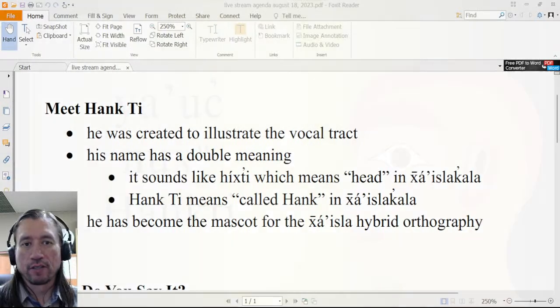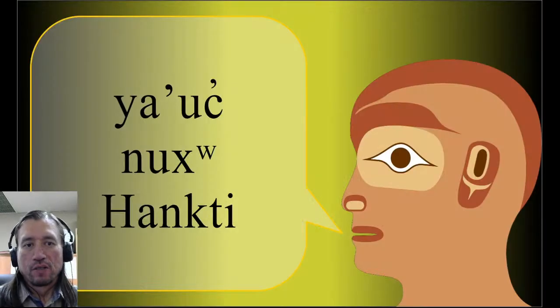I'm just going to go back to the title screen here. They showed us something that was similar to what I have here. It's basically a layout of the head, and it shows all the different parts of the vocal tract.